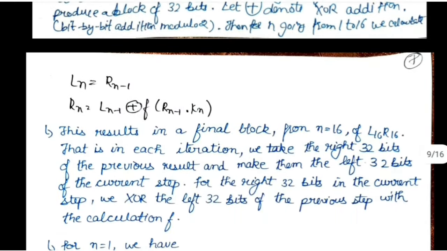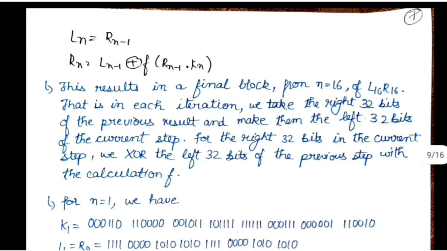So now we will calculate all the values of Ln and Rn for n equal to 1 to 16, and to do so we will use Ln = Rn-1, that is we will use the value of the previous block Rn-1 for the new value of Ln, and to calculate the value of Rn we will use the XOR function, with the Ln-1 value XORed with the function f of Rn-1 and key Kn.